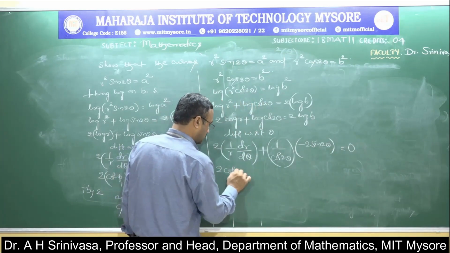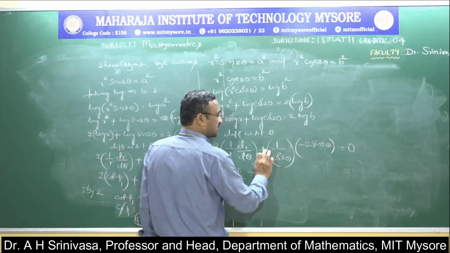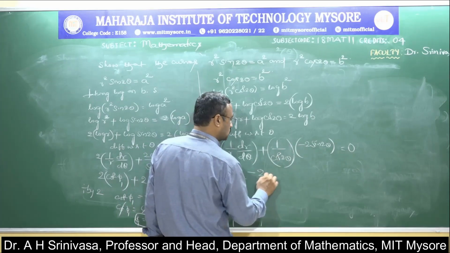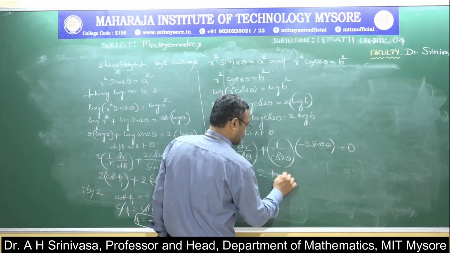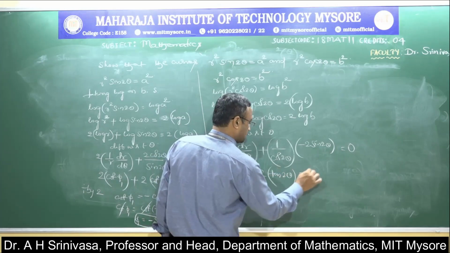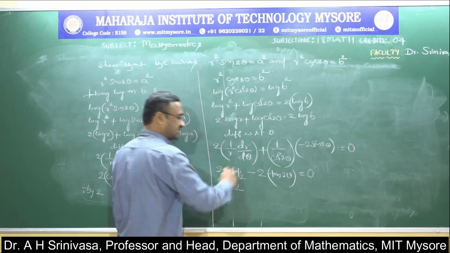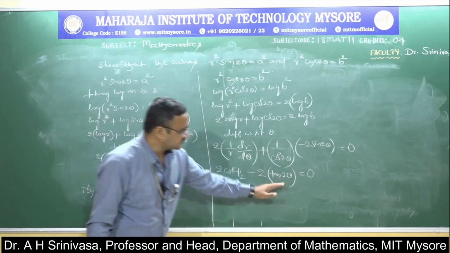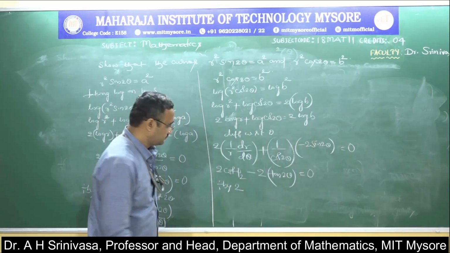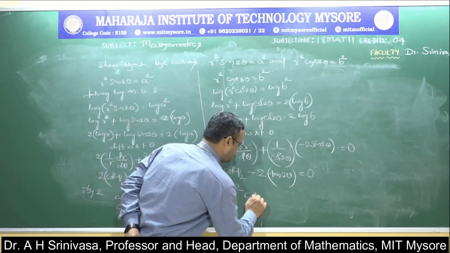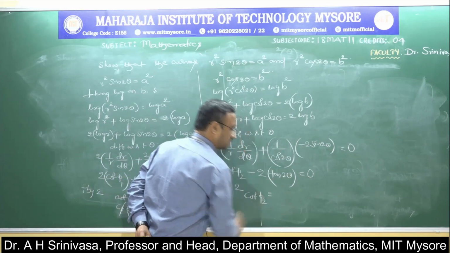This is 2 cot phi 2 plus, into minus minus 2 tan 2 theta equal to 0. Now divide by 2 both sides. Then I have to transfer this function to the other side. They become cot phi 2 equal to tan 2 theta.